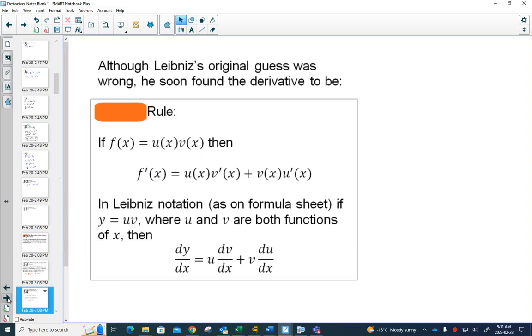So, a little bit less logical, you decide on the following rule. If I have two things multiplied, I'm going to color code things here so that you can really see what's happening. I'm going to color code one function in yellow and the other function in green.